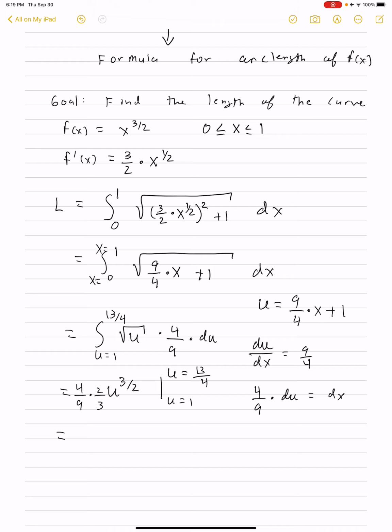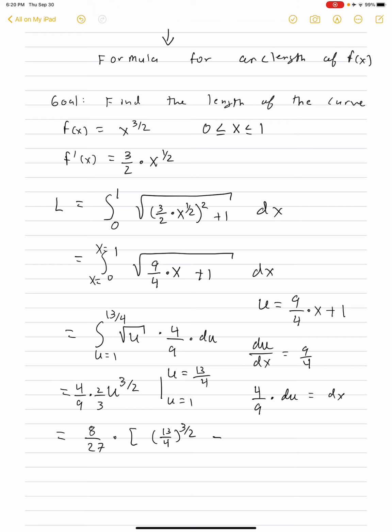This will give us 8/27 times u, which is going to be 13/4 to the 3/2 power minus u to the first.